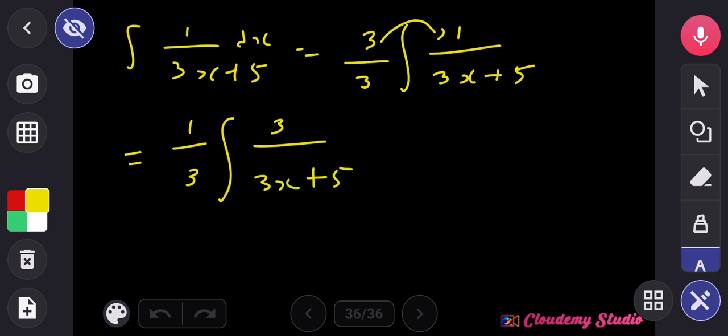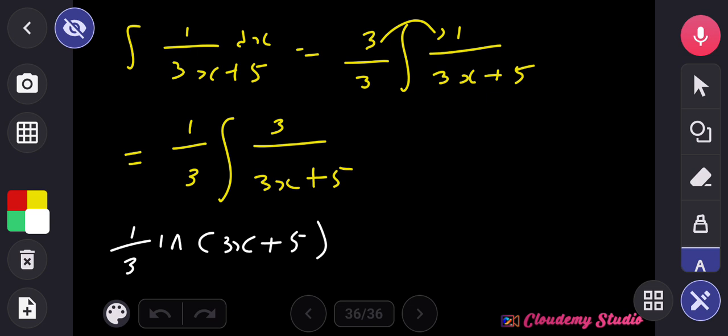If you differentiate the denominator, you are going to have your numerator, which means your answer is 1 over 3 ln of 3x plus 5 plus c in this case. You understand? That is just how to go about that, and that is all about this type of function.